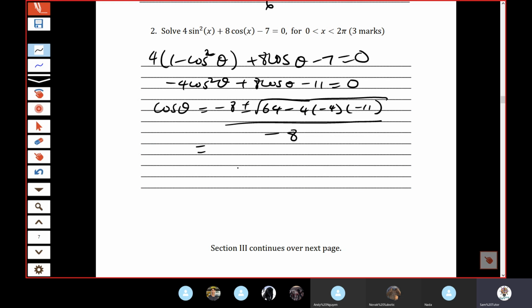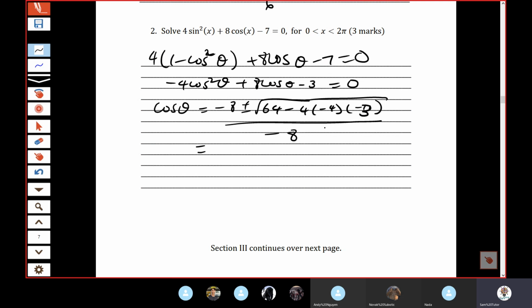So I don't think it's no solution. But hold on. Did I do something wrong? 4 times 1 minus cos squared. Aha, I see it. Right there. 4 take away 7 is not negative 11. 4 take away 7 is negative 3. That should be negative 3 in there.